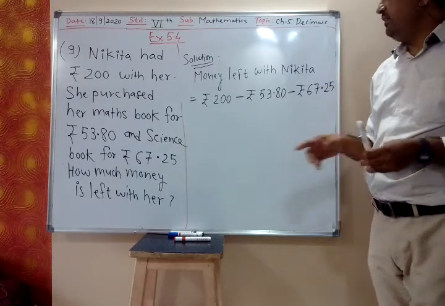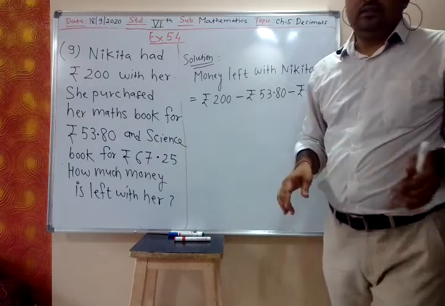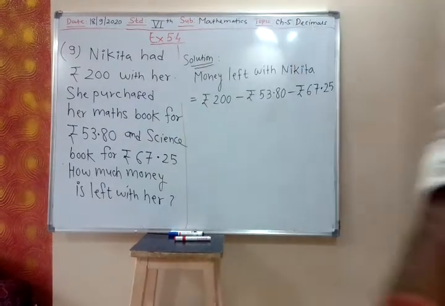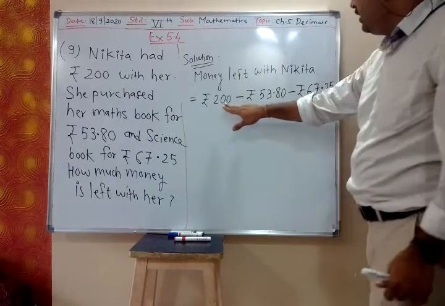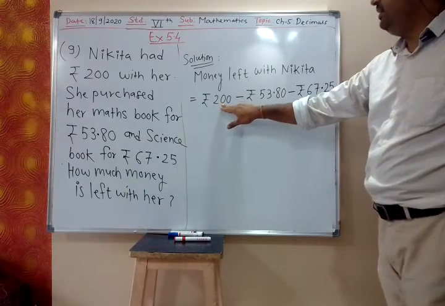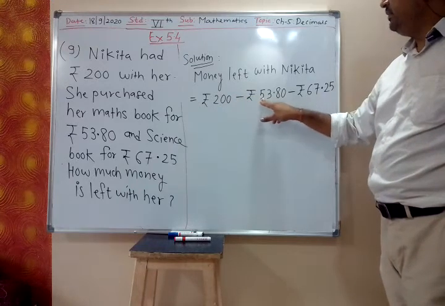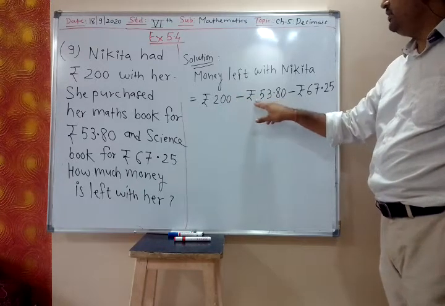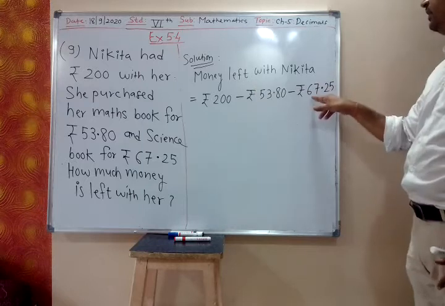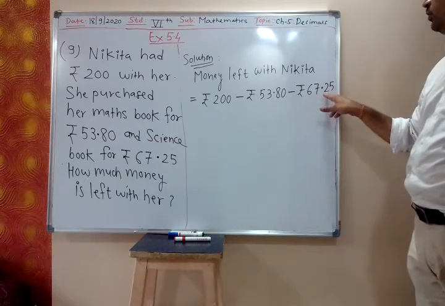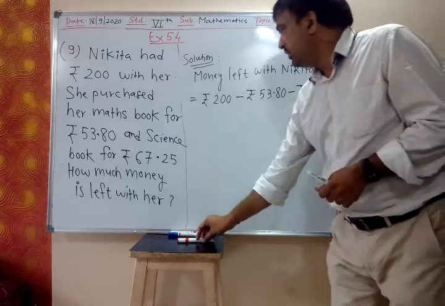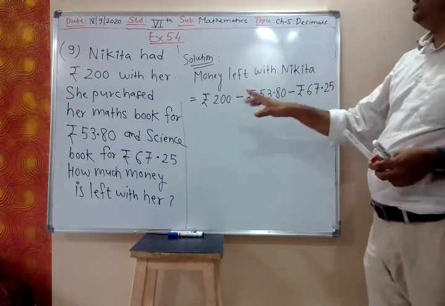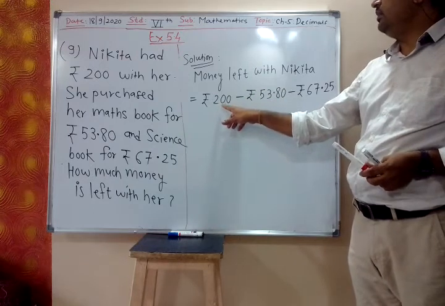Nikita is having 200 rupees. From that 200 rupees she spent, and spent means subtract, 53.80 rupees for maths. Again she spent 67.25. Now we check whether they are like decimals or not.